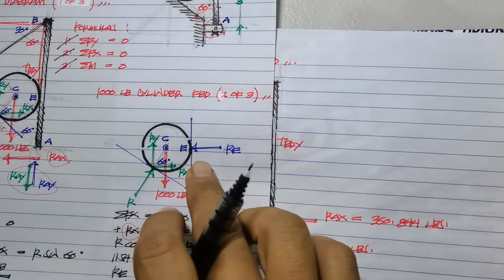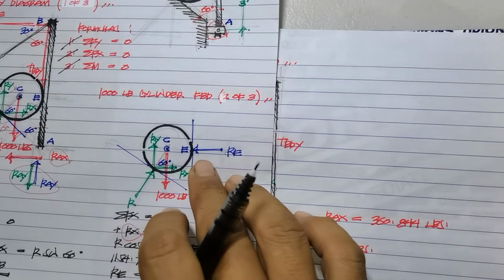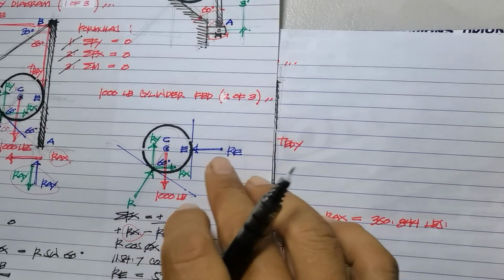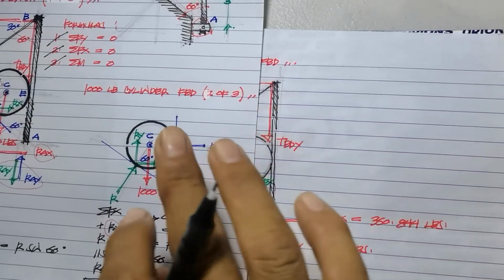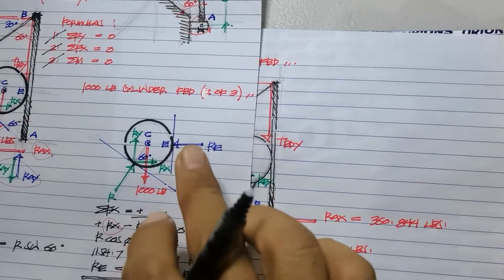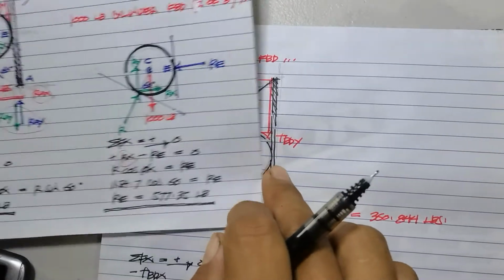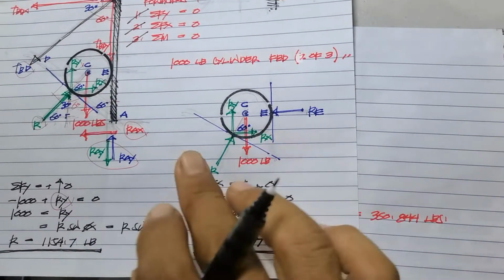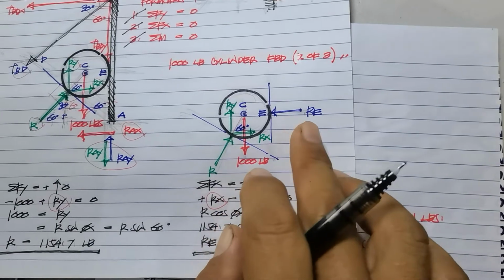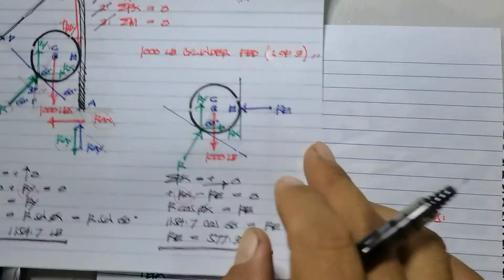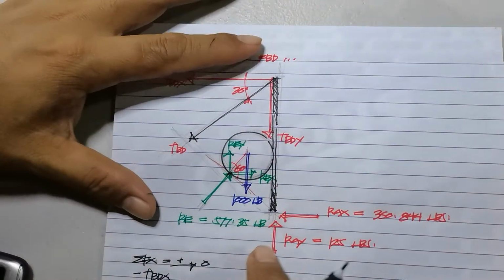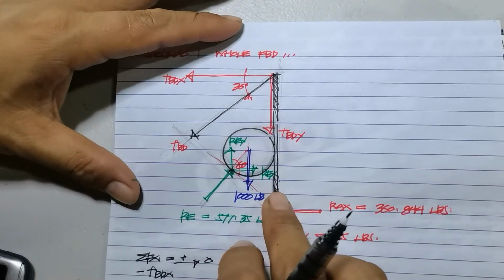Pero if ever in the case na hindi nyo pa rin sila paghiwalayin or i-disassemble, wala kayong makikita na corresponding reaction. So, yung reason kung bakit wala kayong makitang RE, pero previously, sa previous computation solutions natin, meron kayong makitang RE value.